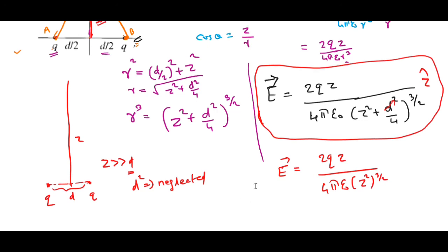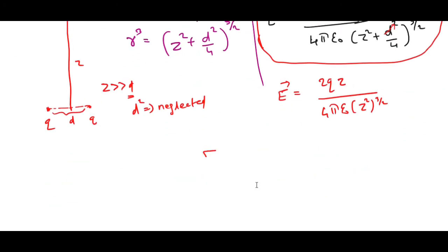This electric field can be written as 1 by 4 pi epsilon 0 times 2qz divided by z power cube.